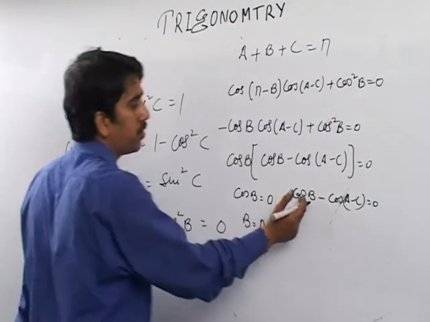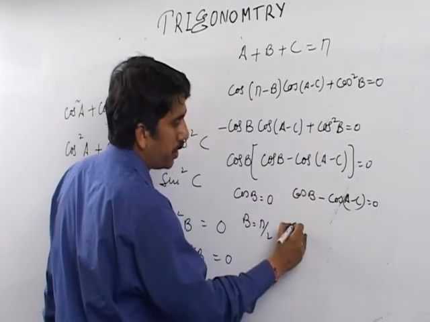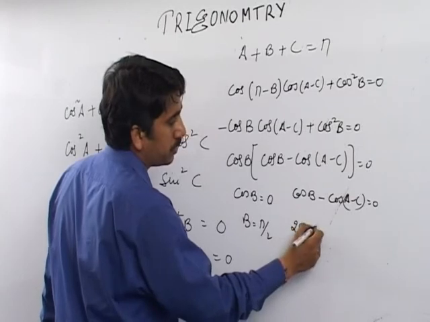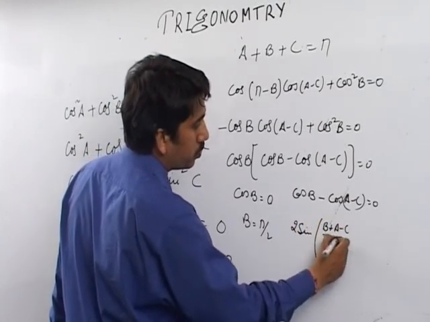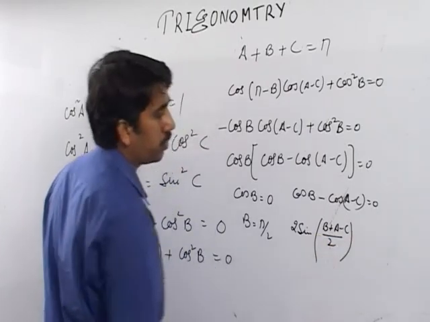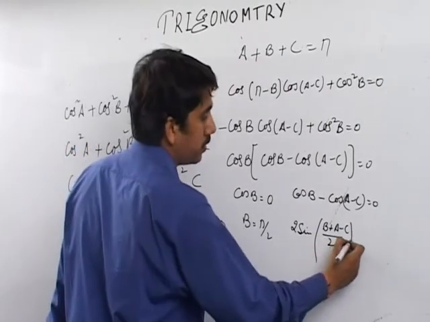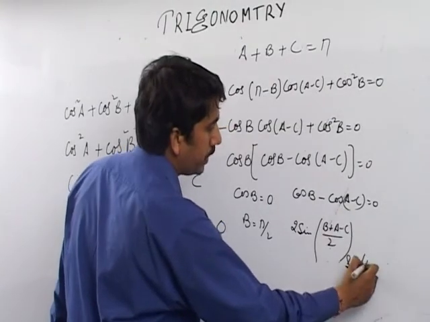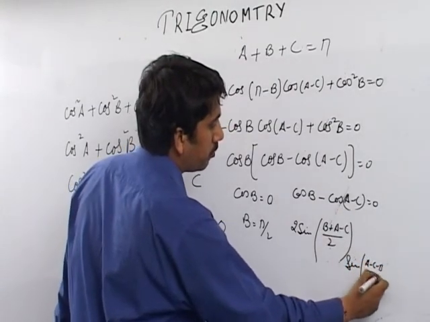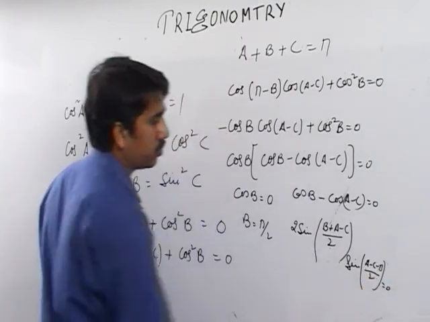Or from this it is cos C minus cos D. You can apply here, this is 2 sine of C plus D by 2, that is B plus A minus C by 2, and sine of D minus C by 2, that means A minus C minus B by 2, is equal to 0.